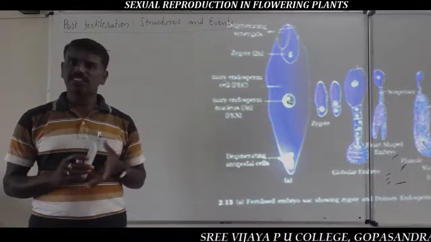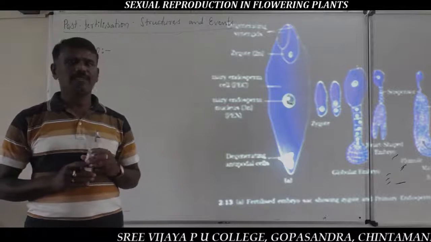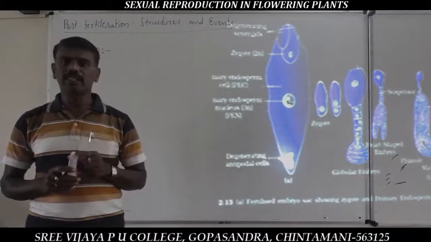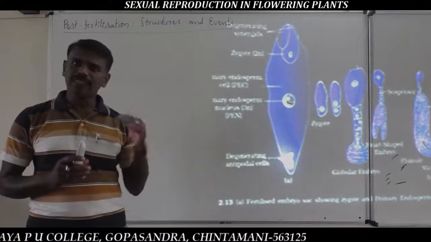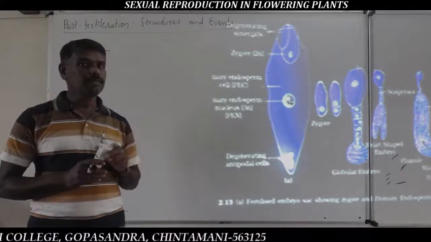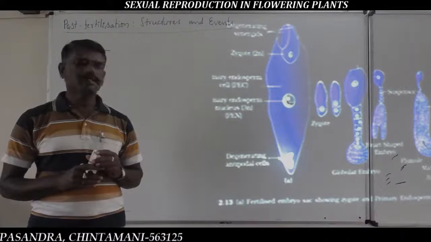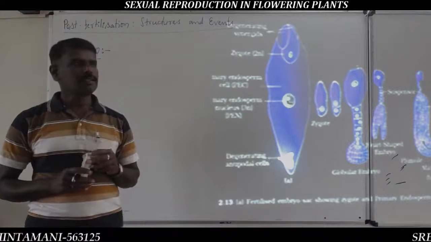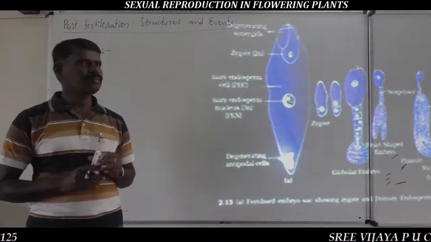In the second fertilization, the second male gamete fuses with the central cell. That central cell is diploid; it consists of two polar nuclei. When the second male gamete fuses with the polar nuclei, it leads to formation of a triploid primary endosperm cell or primary endosperm nucleus.